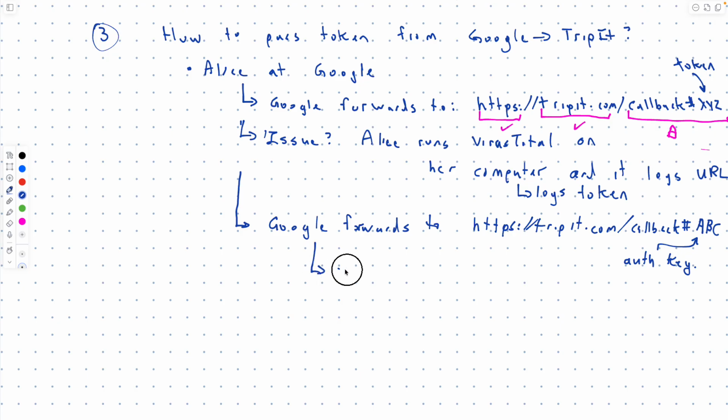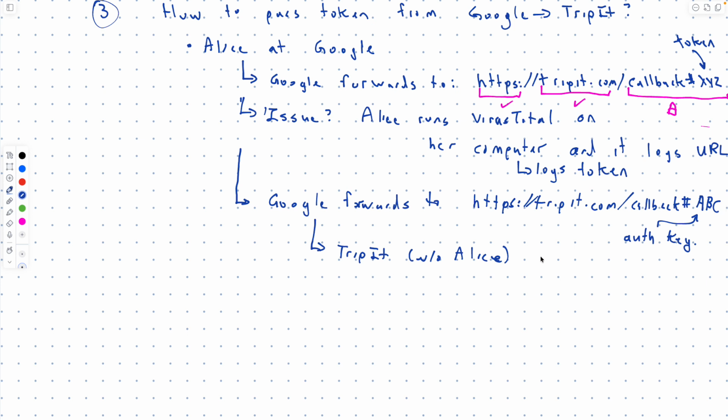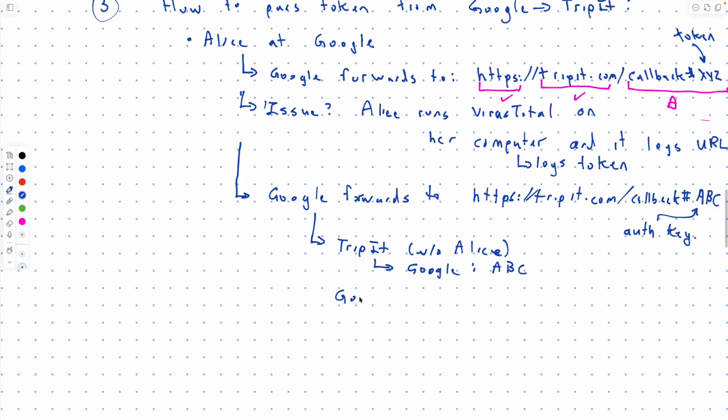Then what happens is TripIt, without Alice, so this doesn't involve Alice at all, just in the back end, TripIt will send to Google ABC, and then Google will send back to TripIt XYZ.